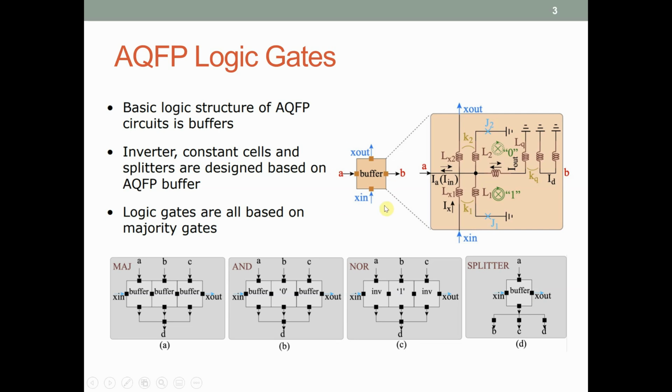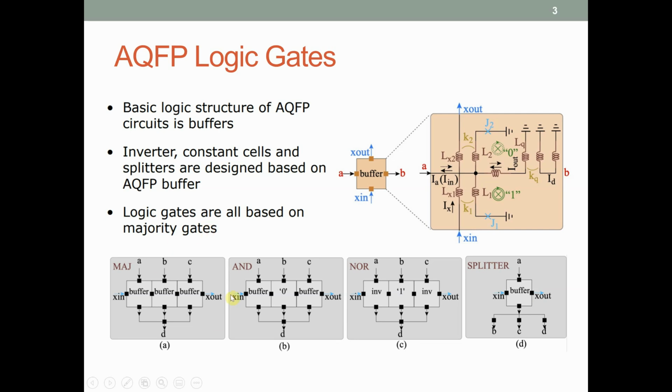With this AQFP buffer, we can make parallel connections of such buffers, and then we can implement different logic cells. For example, a majority cell is shown here, an AND gate, a NOR gate, and a splitter. All of those splitters and other gates are based on the AQFP buffers.